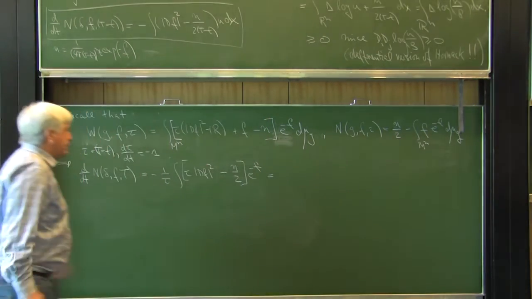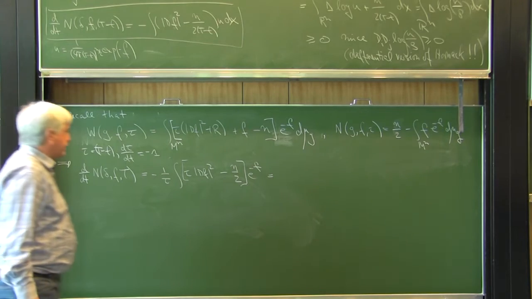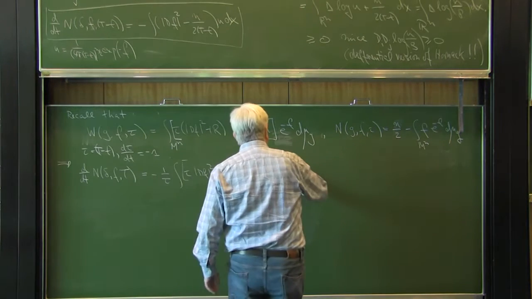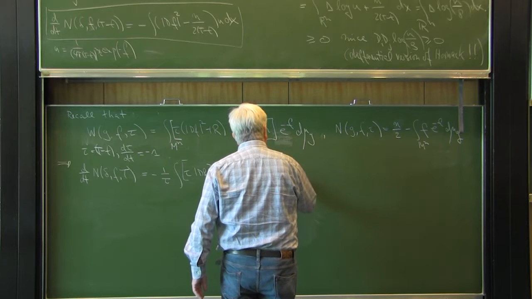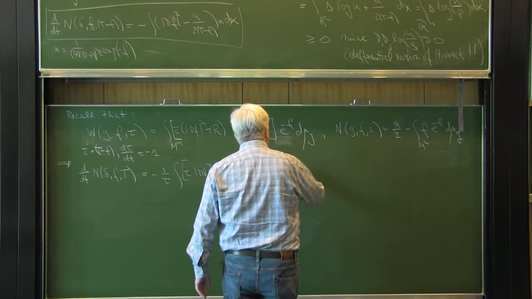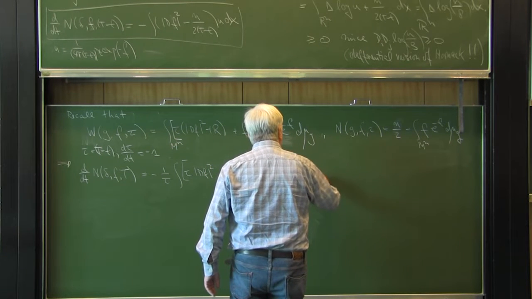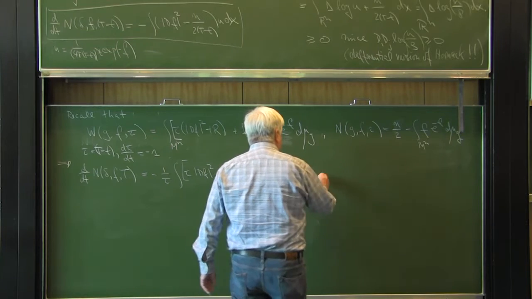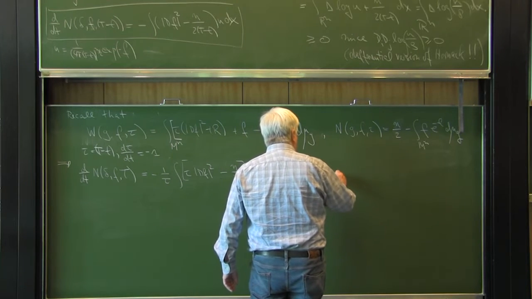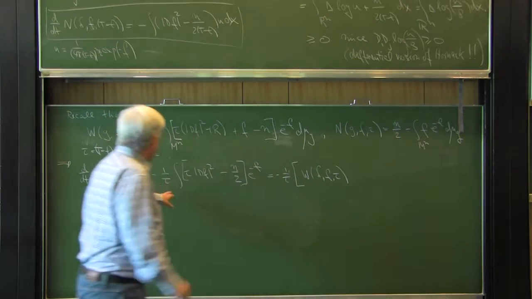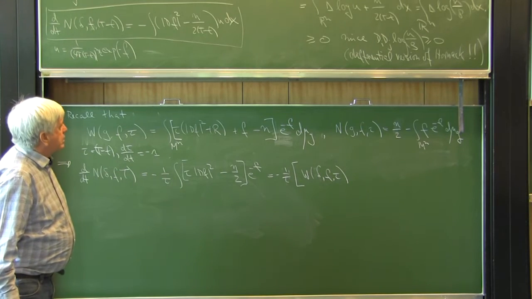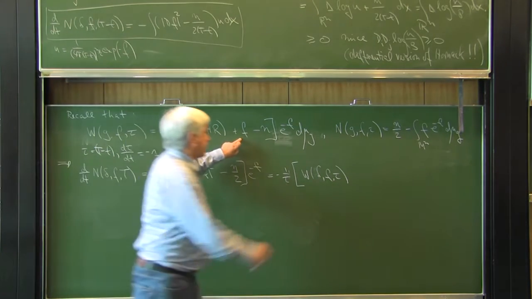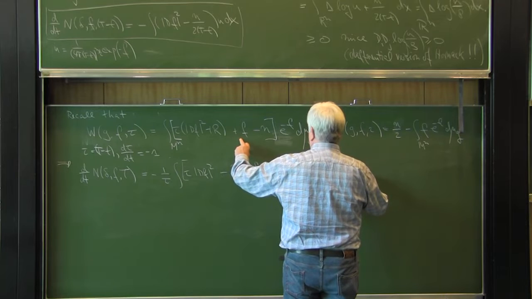And then this becomes equal to minus 1 over tau times the W functional of the standard metric, f and tau, and this one here I just have to subtract.